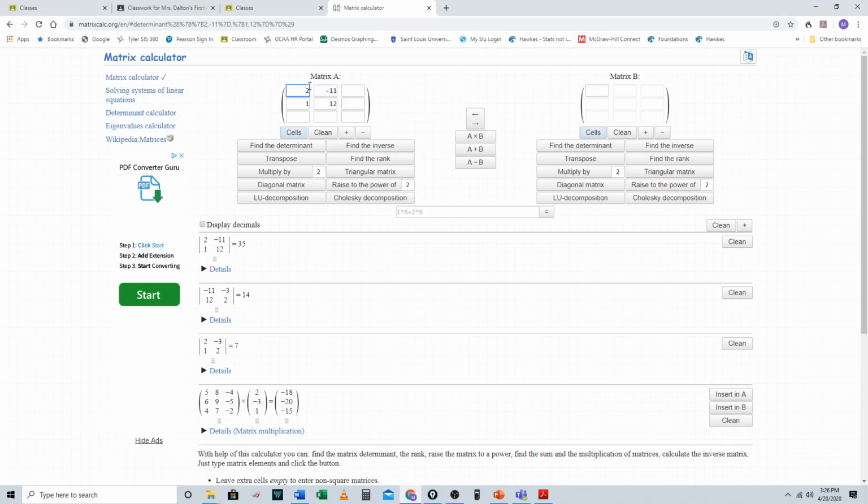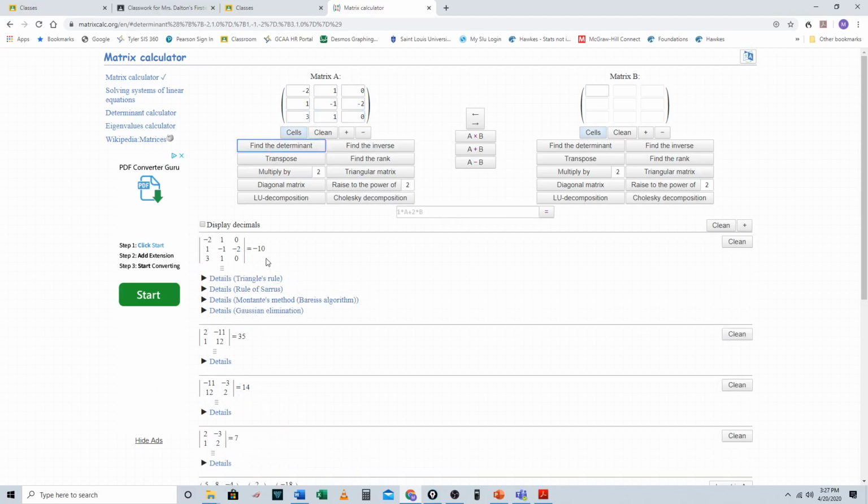Negative 2, 1, negative 1, 2, negative 2, then 3, 1, 0. And find the determinant. Negative 10.